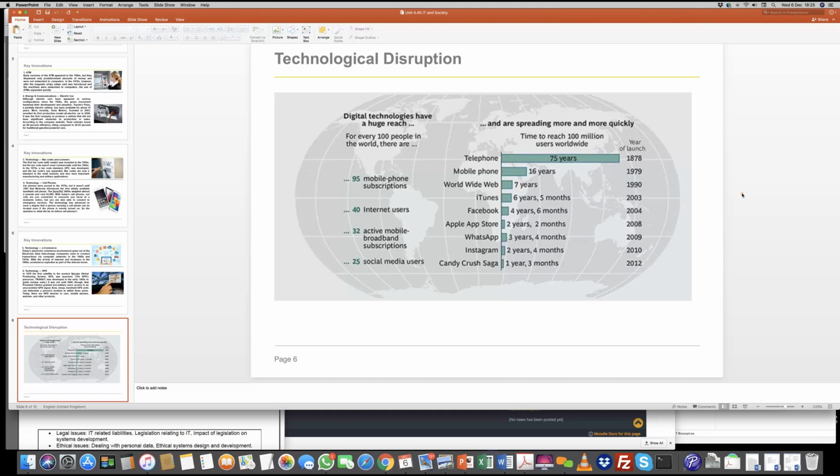After Gordon Moore, the scientist who created this, it is now called Moore's Law. So basically, the pace at which technology is bringing new things is also creating a disruption in our lives.